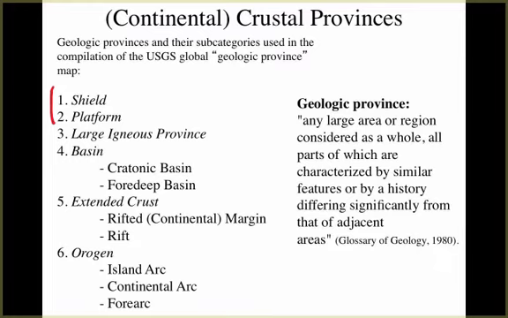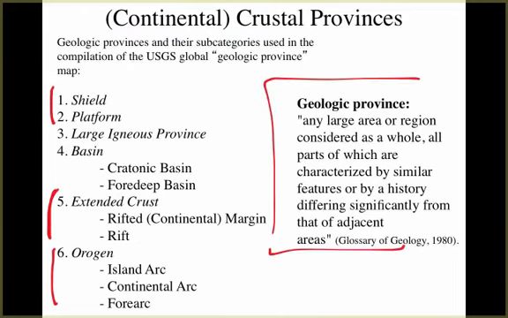We can have extended crust in continental rifts, either a rifted continental margin or a rift such as the Basin and Range. Or we might have orogens, so island arcs or continental arcs, forearc. And these provinces are any large region that's characterized by similar features or by a history that's differing from adjacent areas.